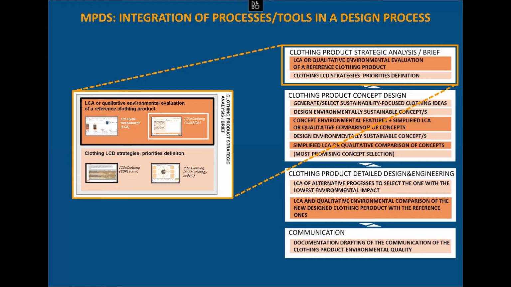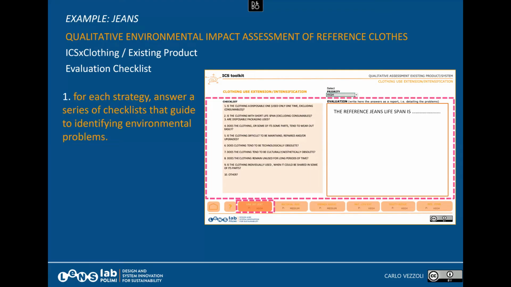But we can make even a qualitative assessment, so this you can do in case you want to do a qualitative assessment and you don't have an LCA, or you're not able, no one taught you how to make a life cycle assessment, or the company you're working with is not convinced to do it. And so Luca will tell something more about this, so I'm going very briefly, but basically here there are some checklists.